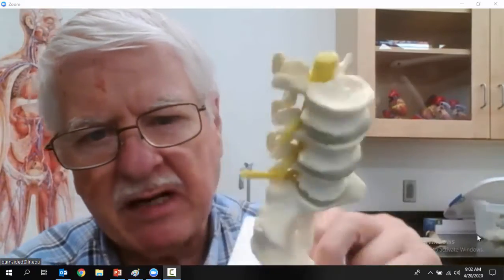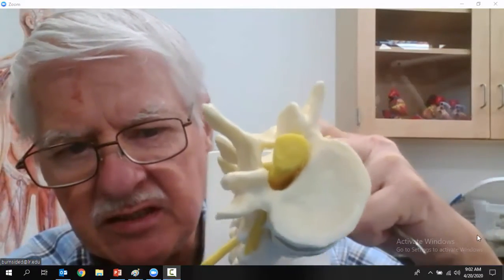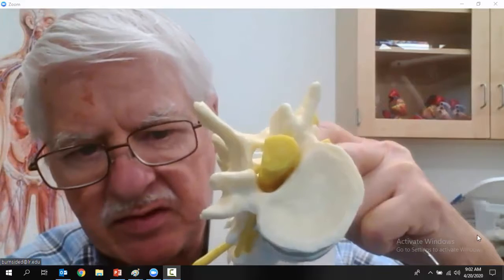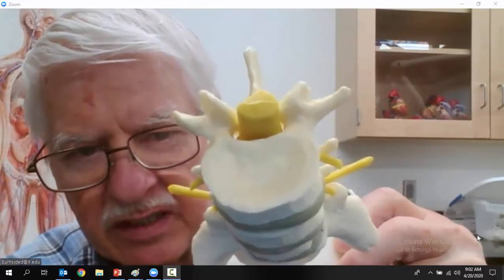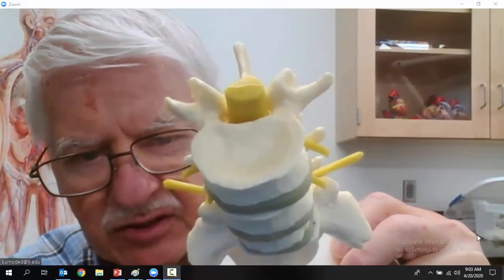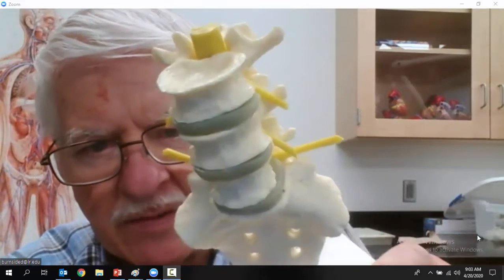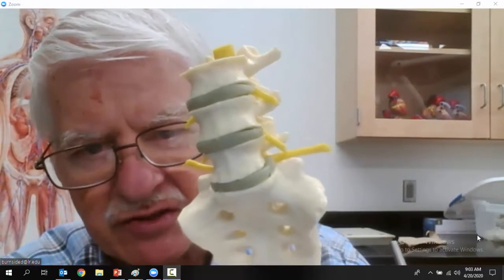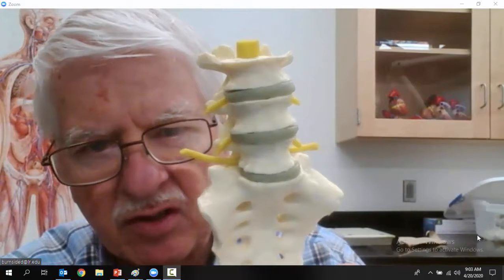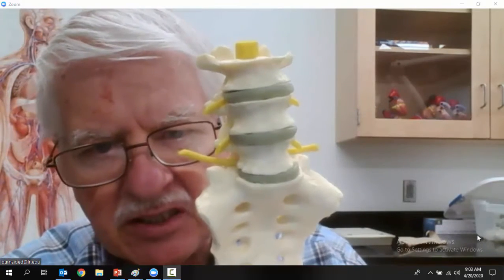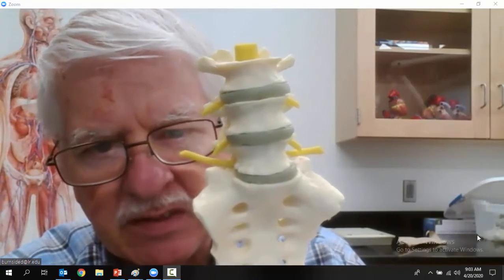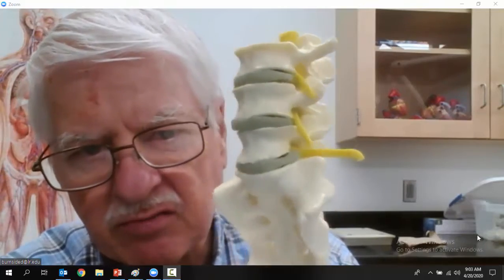So you can see the spinal cord going through the vertebral foramen. We'll look at one vertebra in a minute so we can see what that is. And then we'll also see the cartilaginous disc, spinal nerves, and one more thing I want to show you while we got this.